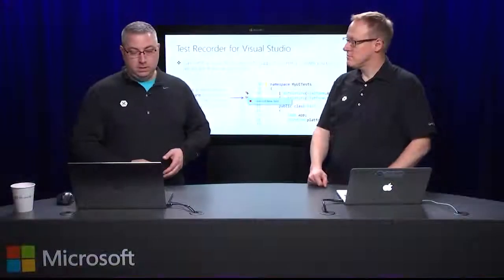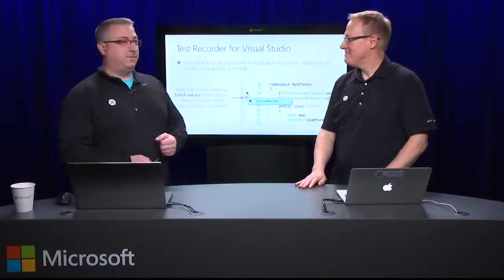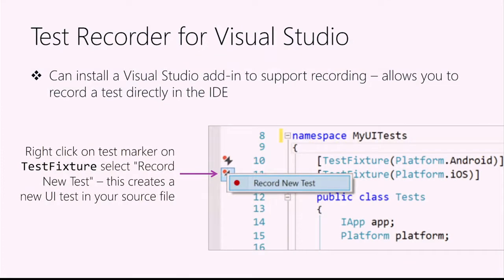But there's another way we can actually write our tests, and that's using the Xamarin Test Recorder. This sounds interesting. This is fantastic. The Xamarin Test Recorder is a way that we can actually just interact with our application in a really natural way. We can hold the device in our hand and start tapping it just like a user would, and the test recorder will actually write the code for us. It's going to write that UI test and use the UI test APIs.